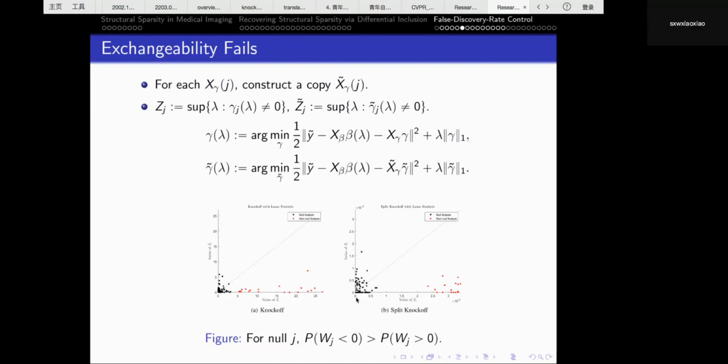But due to the heterogeneous noise, we don't have the exchangeability property, as shown in this figure: for the null features, the Wj tends to have larger magnitude and it is more likely for the null feature to be negative than to be positive.